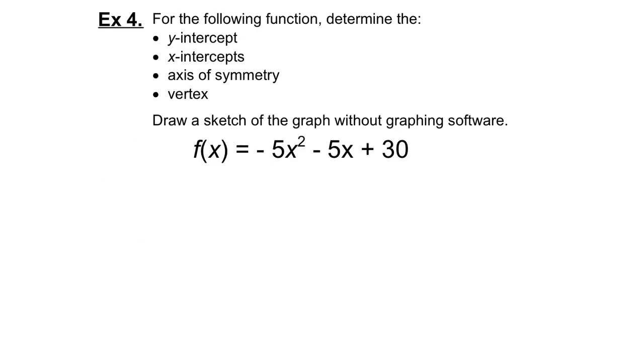Now, I'd like you to try this on your own, but the idea here is that we're trying to tie a bunch of things together that we've been talking about with quadratic functions. So here we have the function f of x equals negative 5x squared minus 5x plus 30. If you were to graph this, you would have a parabola. You can probably tell the direction of opening by looking at the a value.